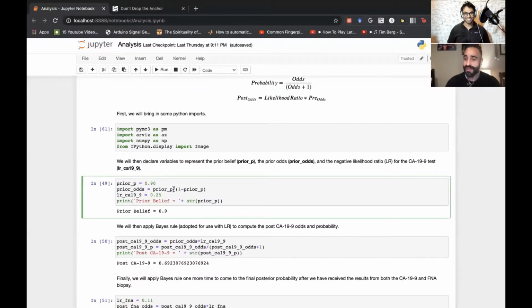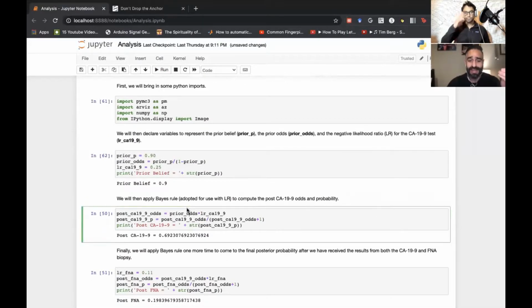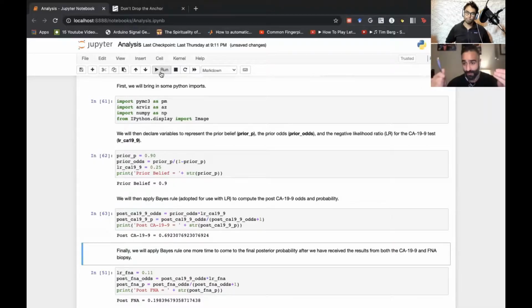We'll compute the odds, and then in the paper they cite that the likelihood ratio they used for a negative test was 0.25. So when we plug that in and we apply Bayes theorem once, we get that after the CA19-9 test, our probability now is around 0.69.